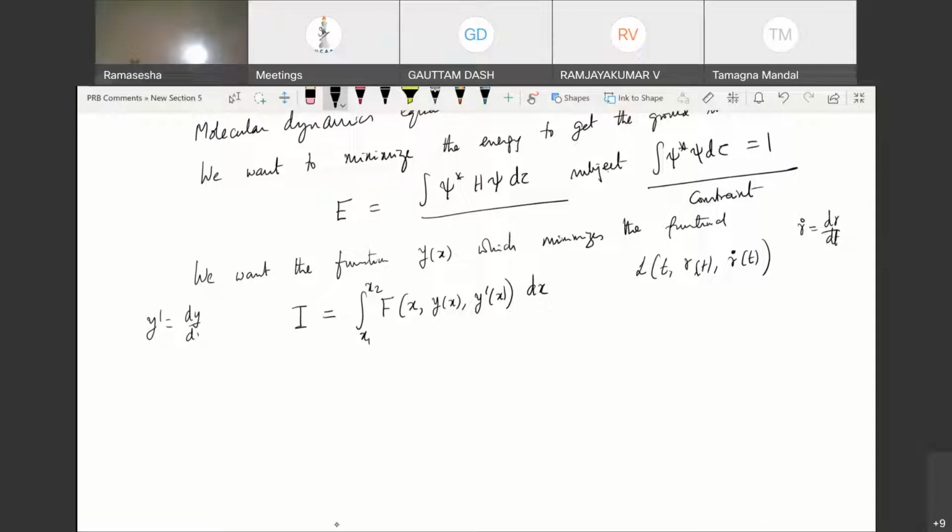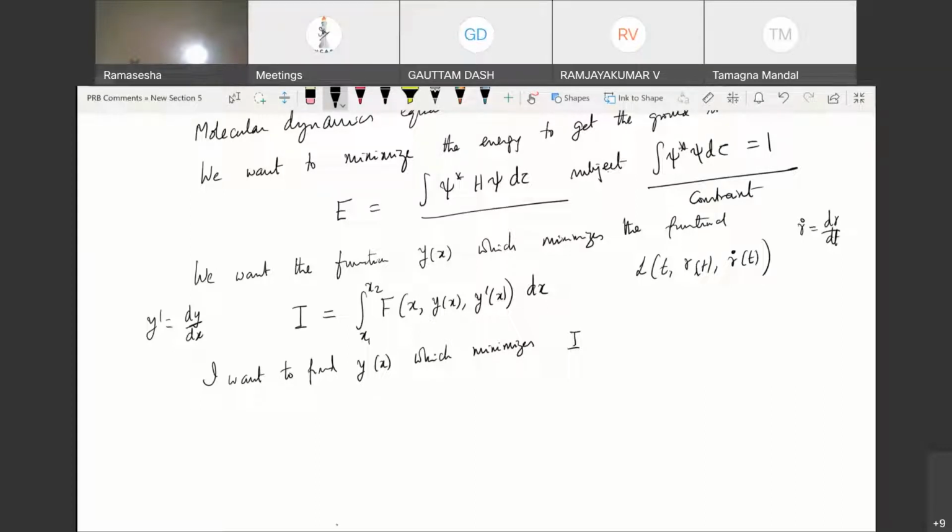So I want to find y of x, which minimizes I. This is what my interest is. My interest is in finding the function. So I will have to think of a way of doing it.